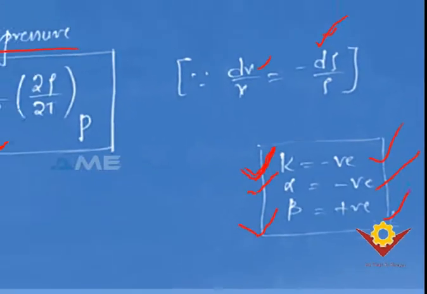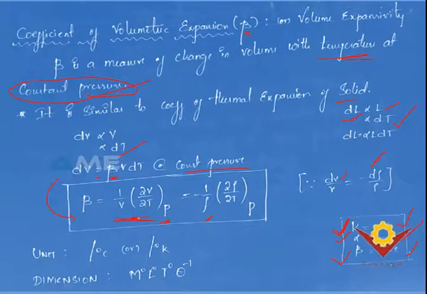The units are per degree centigrade or per degree Kelvin, and the dimensions are just theta to the power of -1, where theta represents temperature.